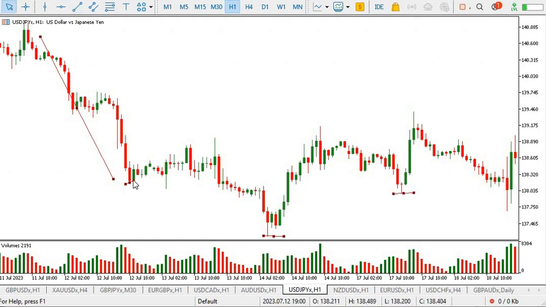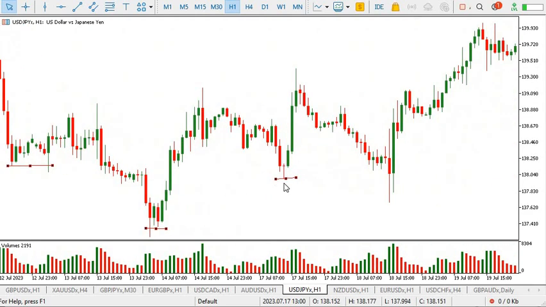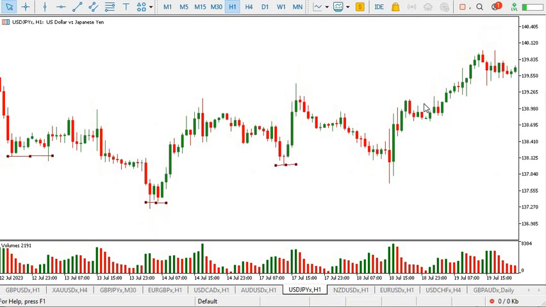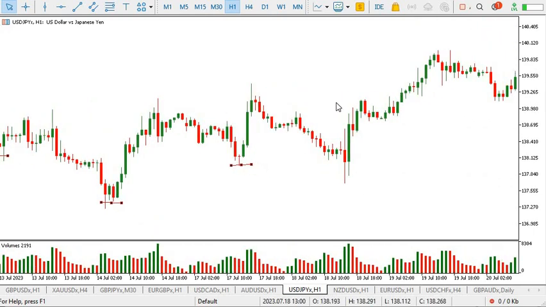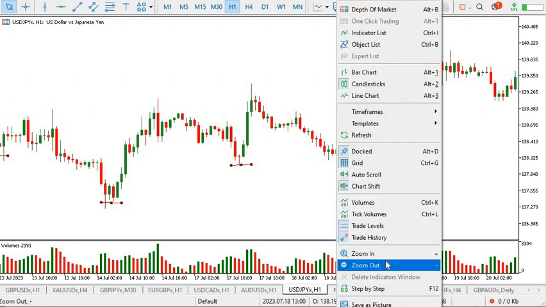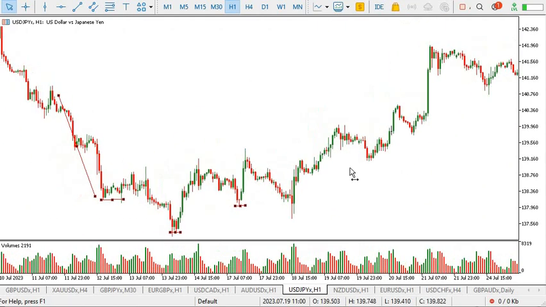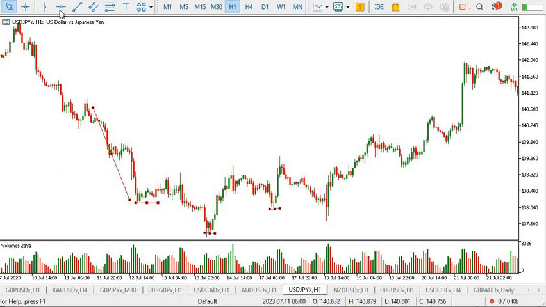The first one was this one. This is the head of the pattern, and this was the second shoulder of the pattern. So let's zoom it out a little. This was the pattern. This was its neckline.